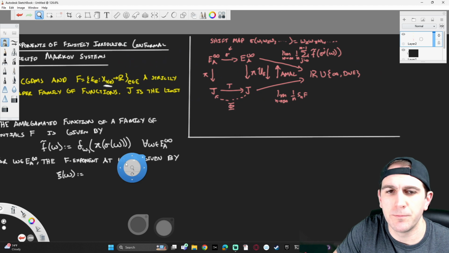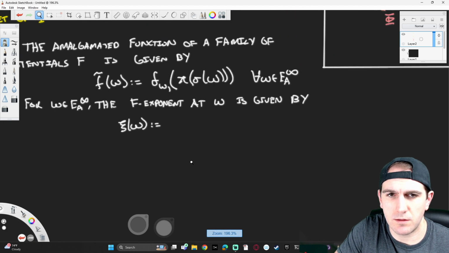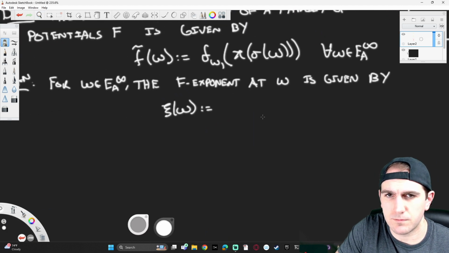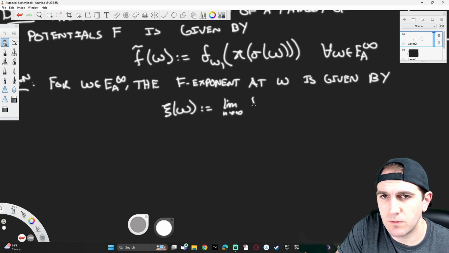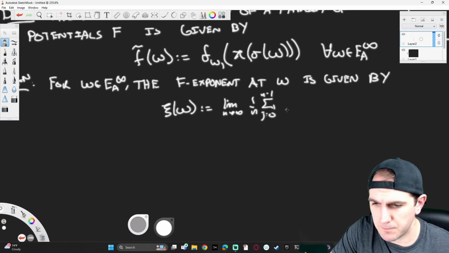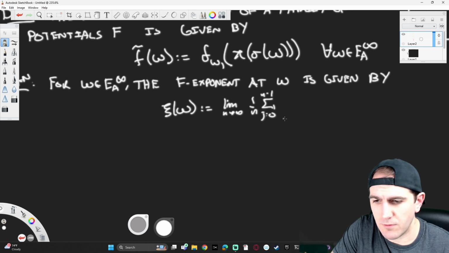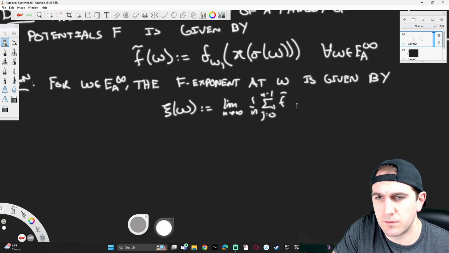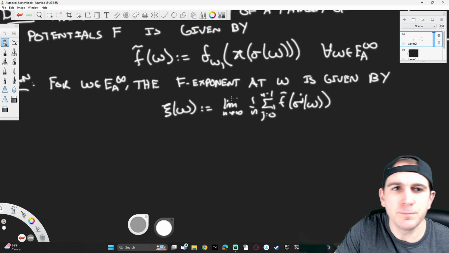So this will be equal to the limit as n goes to infinity of 1 over n, sum j equals 0 to n minus 1, of F tilde evaluated at sigma^j of omega.